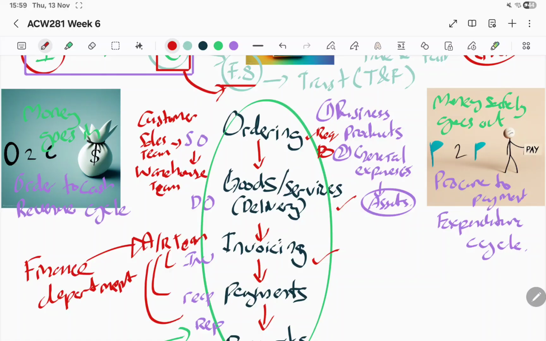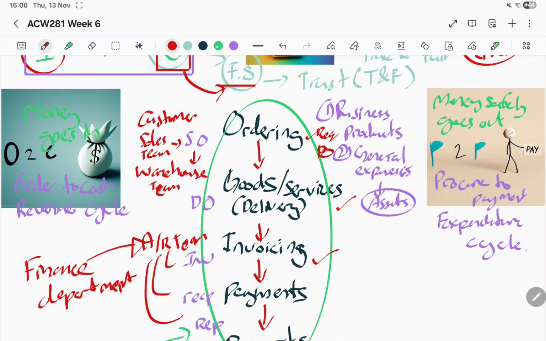So they will do one step before it, which is requisition. You want to request first before you purchase. And this requisition usually happens from the production team, or from different departments, they will request what they want.